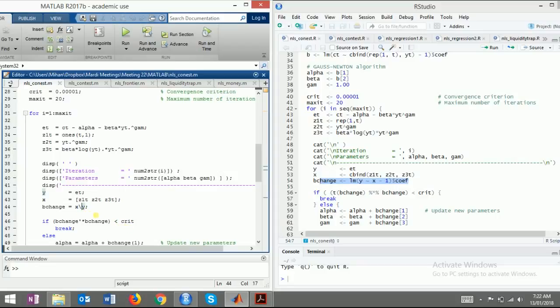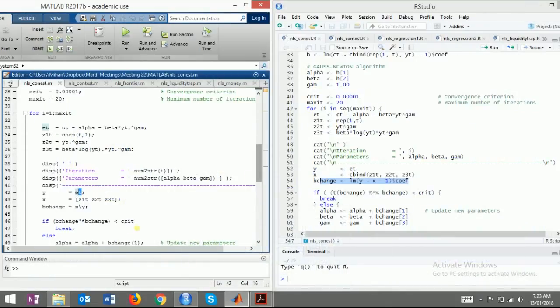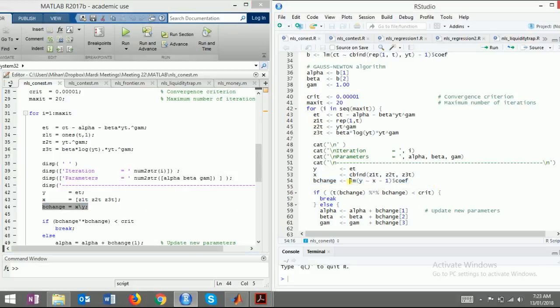Oh, that has been done before. Basically I'm regressing y equals ut, so I'm regressing ut on z1t, z2t and z3t. This is step 6, regressing ut on z1t, z2t and z3t and computing R square. So B change is regressing ut on z1t, z2t and z3t, a linear model, minus 1 coefficient.